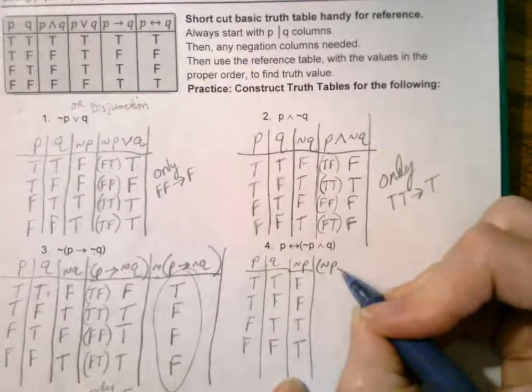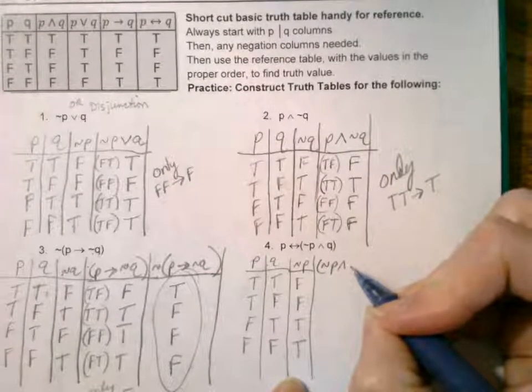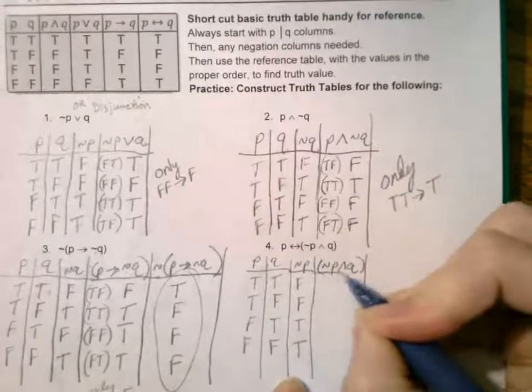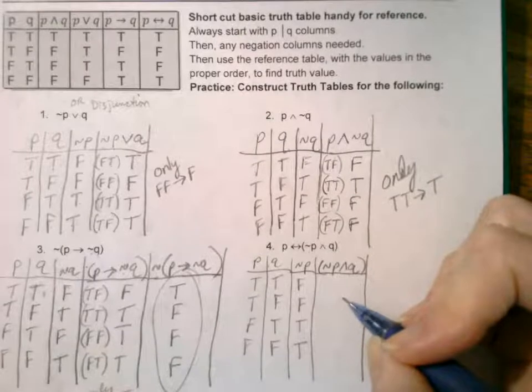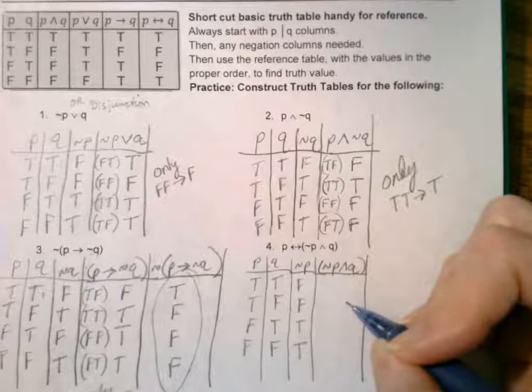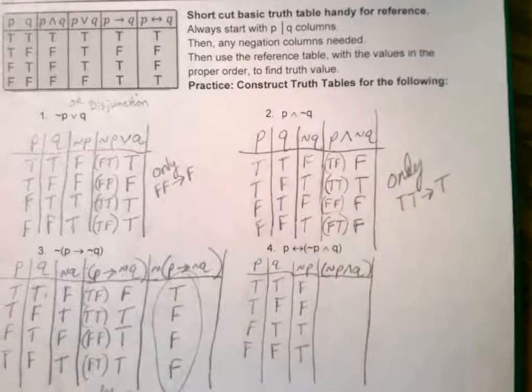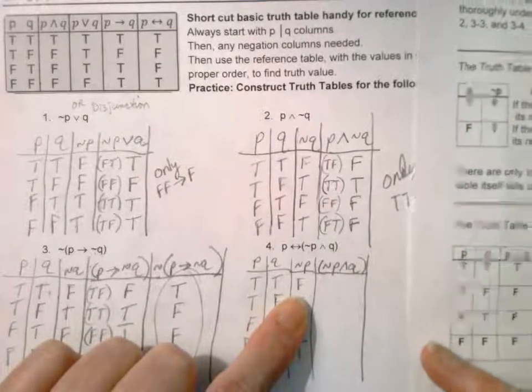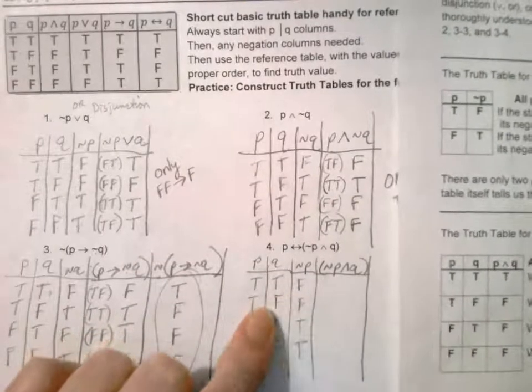All right, and then I want to do what's in the parentheses: not P and Q. If you want to, you can get out the conjunction table for this one.